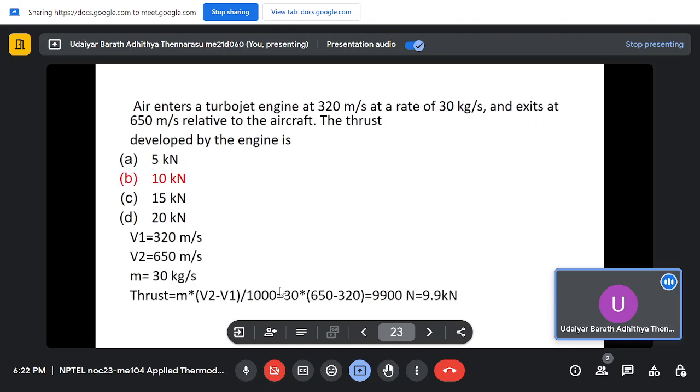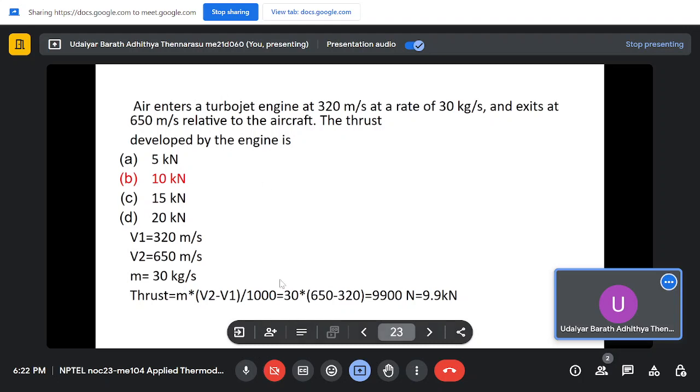We know the velocity of air which is coming in, v1, is 320 meters per second. The velocity of the fluid jet which is going out, v2, is 650 meters per second, and we also know the rate of mass of air coming in, 30 kg per second. The thrust is nothing but the change in momentum of the air, so that will create the thrust.